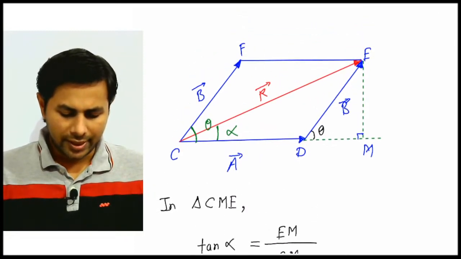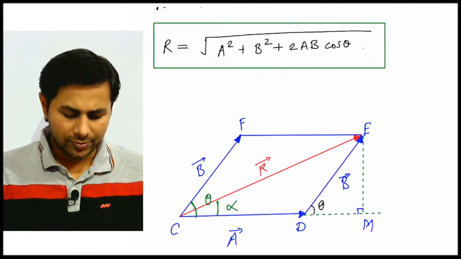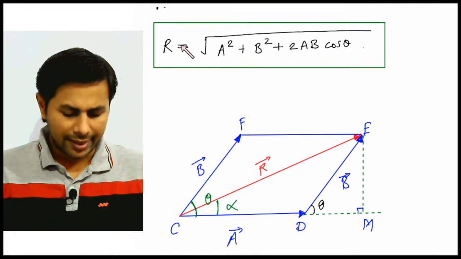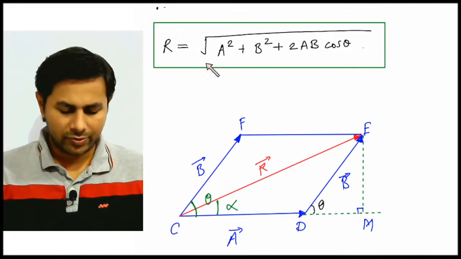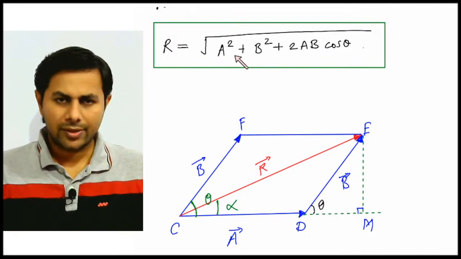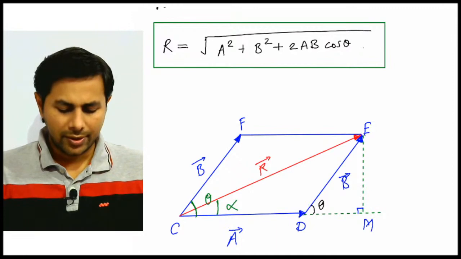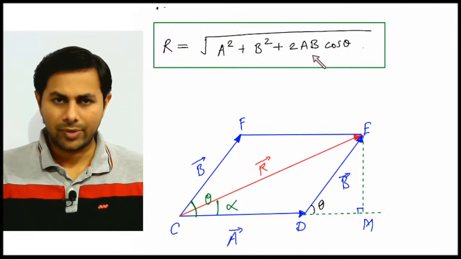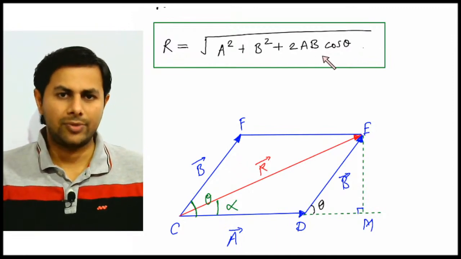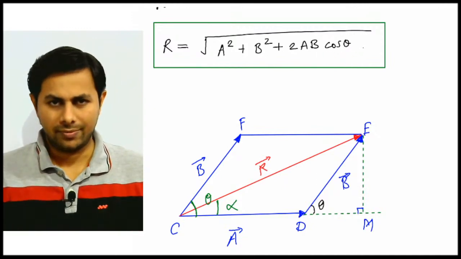We found that the magnitude of the resultant is equal to the square root of a square plus b square plus 2 times a times b times cosine of the angle between them. That is, magnitude of first vector squared plus magnitude of second vector squared plus 2 times the magnitude of the first vector multiplied by the magnitude of the second vector multiplied by cosine of the angle between them.